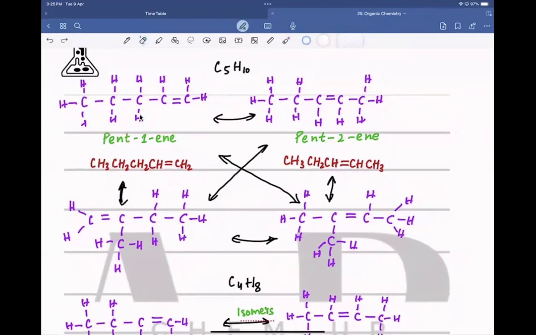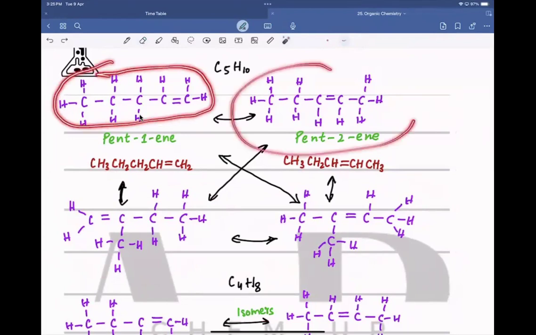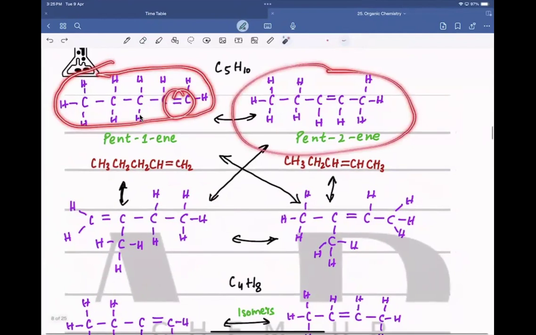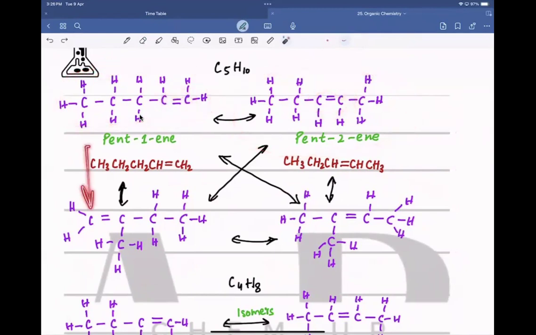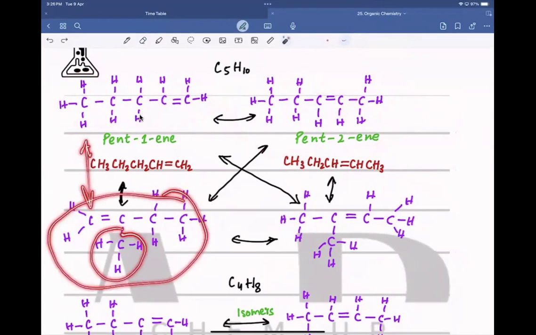If you get the concept, both are the same, only the position of the double bond gets changed. So I will get a different isomer. In these two, the position of the double bond is the same, only the branch is over here instead of a straight chain, which makes the isomer.